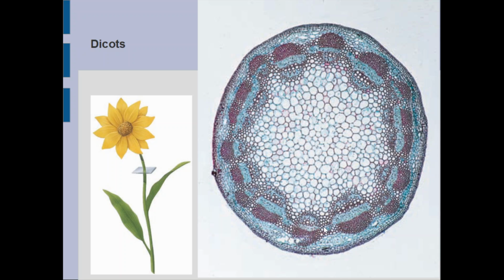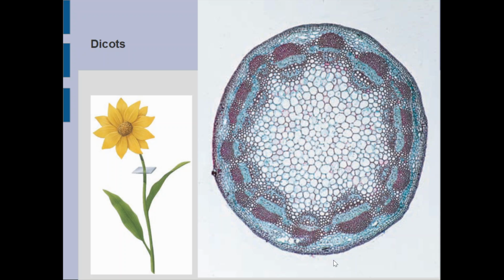And then they also possess vascular bundles. Here the vascular bundles are with the xylem and phloem, and they also have some parenchyma tissues. So this is a eudicots or dicots structure.